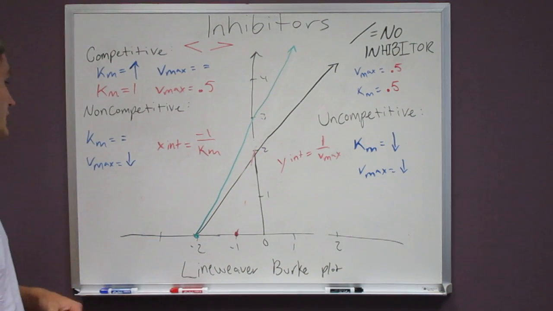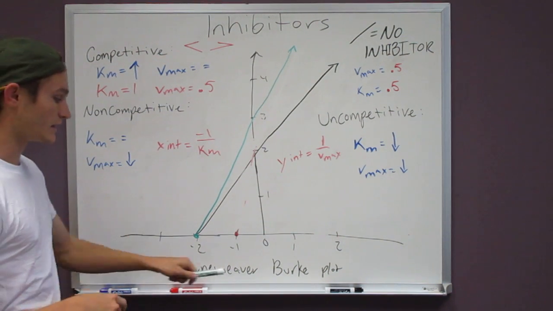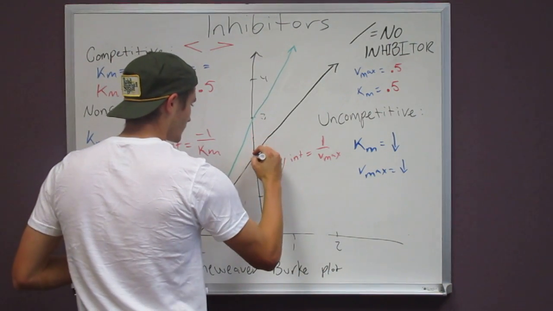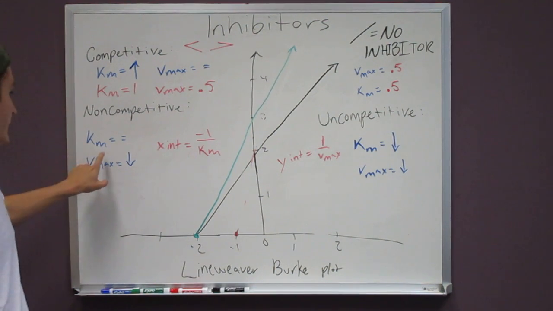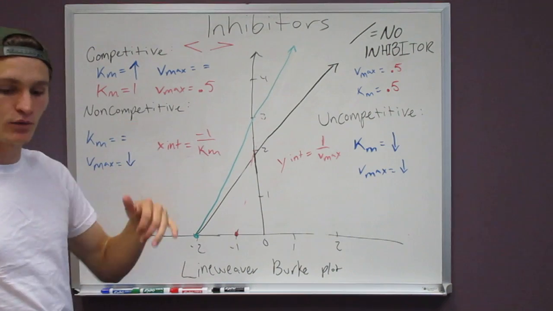So this is a non-competitive inhibitor. That's the way it'll look on the Lineweaver-Burk plot. So let's do the calculations and see if this is correct. As stated, Km is equal to the no inhibitor, Vmax is lower. So how do we calculate this, Adam?